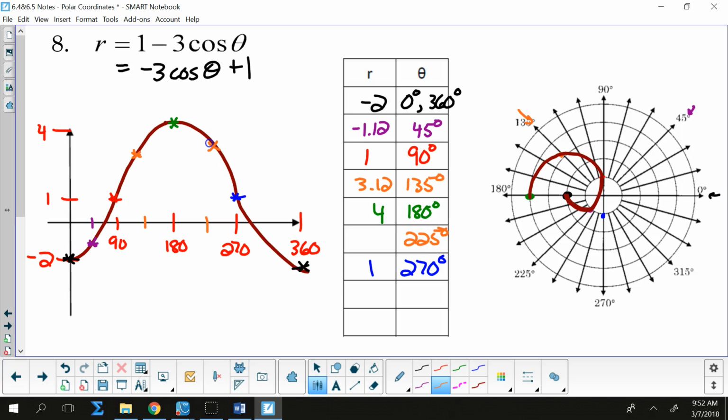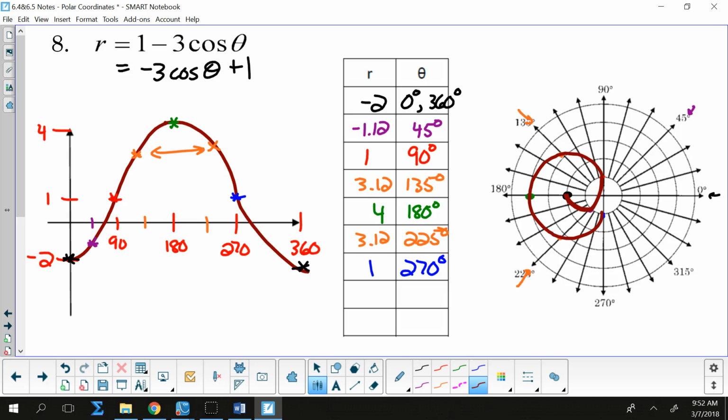And that one is going to be the same as 135, correct? So that should be 3.12. So 225 degrees is down here. 1, 2, 3.12 puts me there. So I go from green to weird orange to blue. Right?